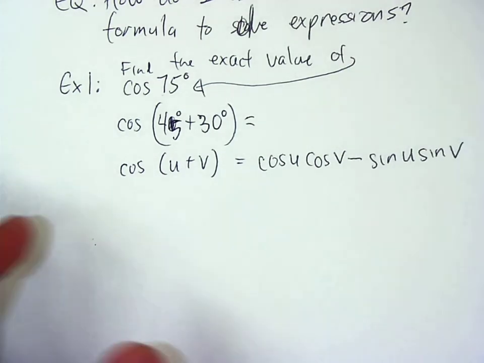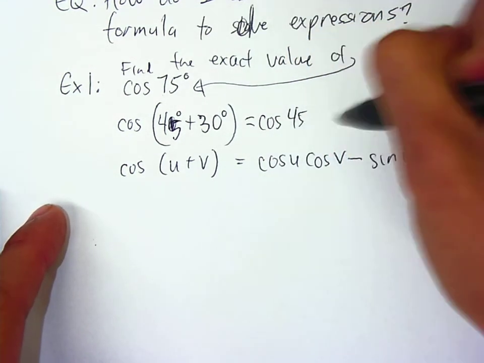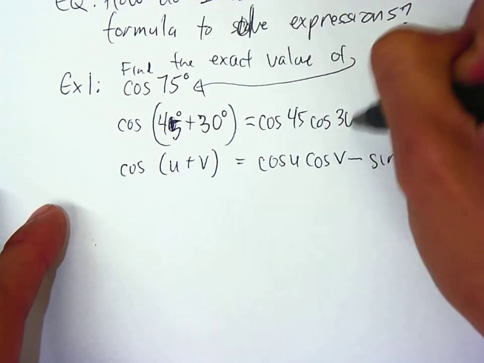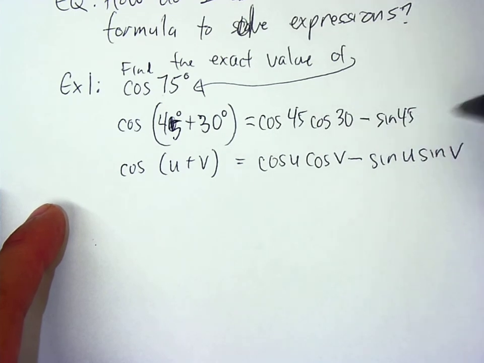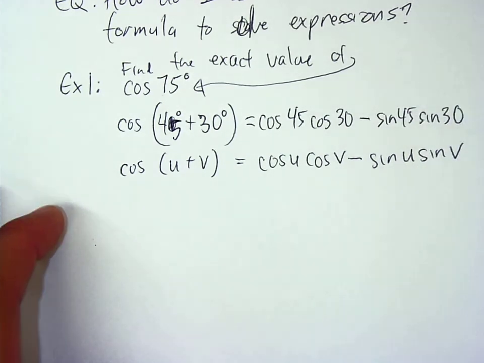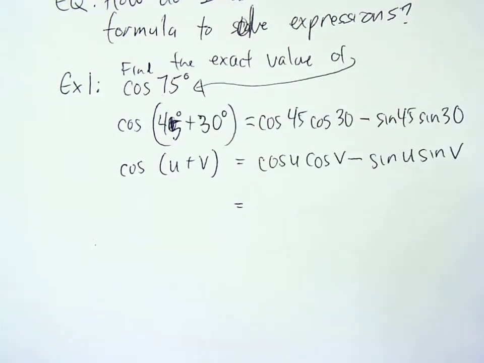So if I follow that formula, it would be the cosine of 45 times the cosine of 30 minus the sine of 45 times the sine of 30. Okay? And then from there I know unit circle values.